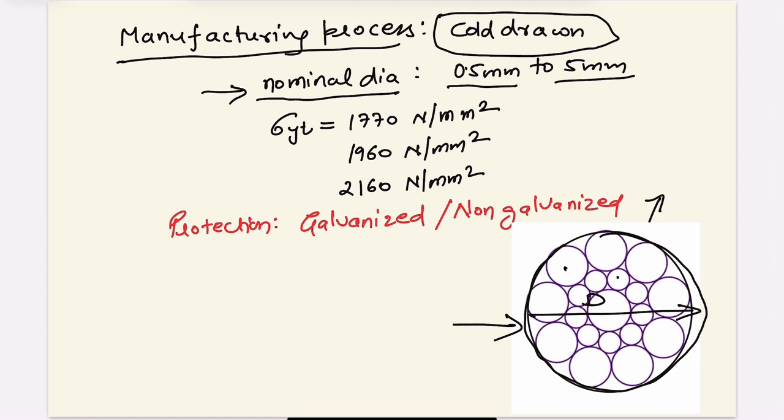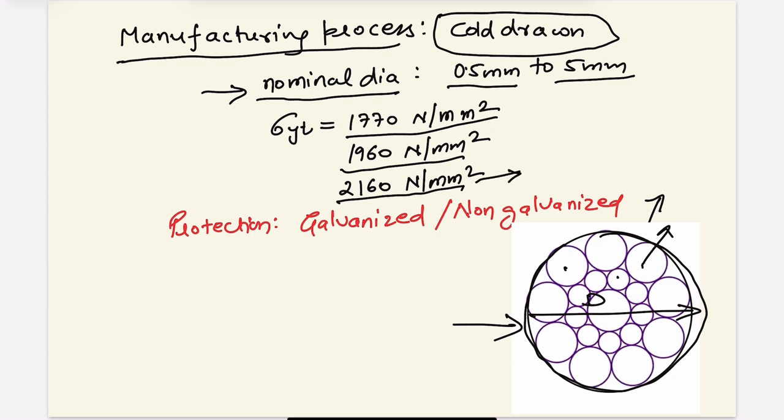Apart from that, the tensile strength of the wire, and we are talking about a single wire used in the strands, varies from 1770 Newton per mm square to 2160 Newton per mm square, depending upon the requirement. If we require higher tensile strength, we have to go for a higher-strength wire.